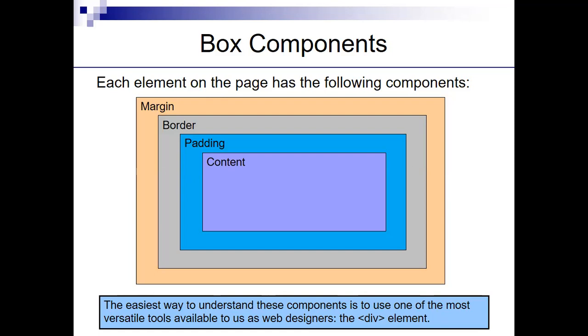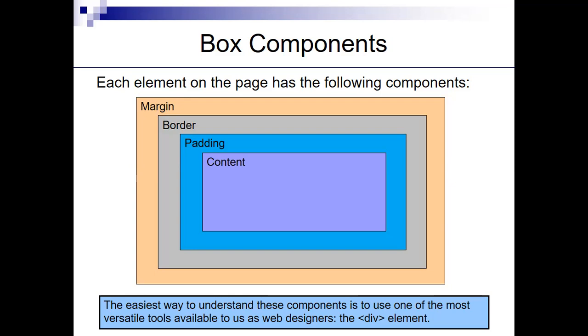So to help us adjust, this is where the concept comes in of the division. To help us adjust the padding around the content, the border around the content, and the margin, we need to have the division element, or what we normally refer to as the div element.